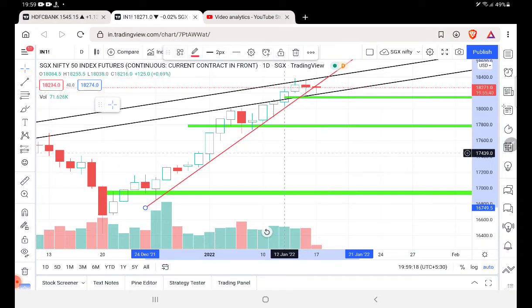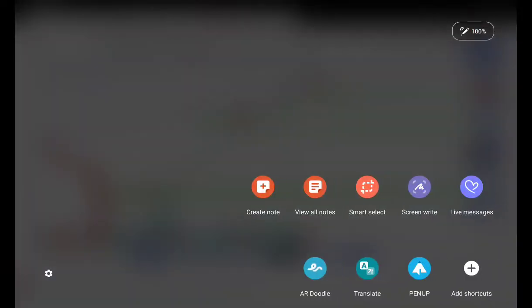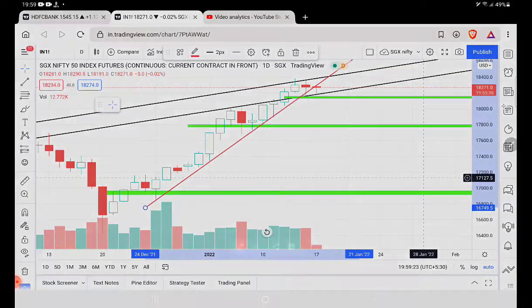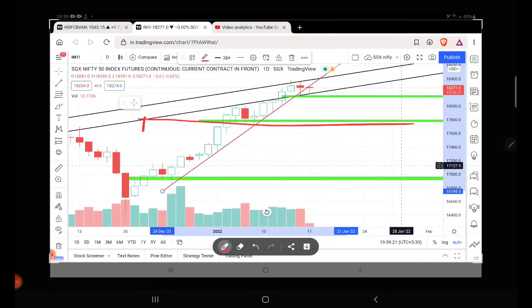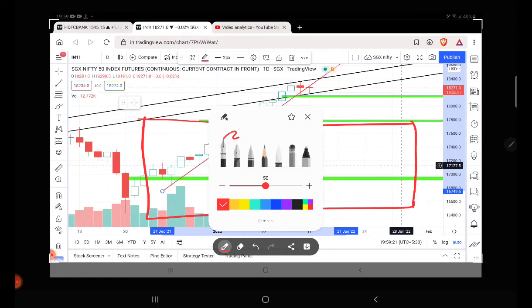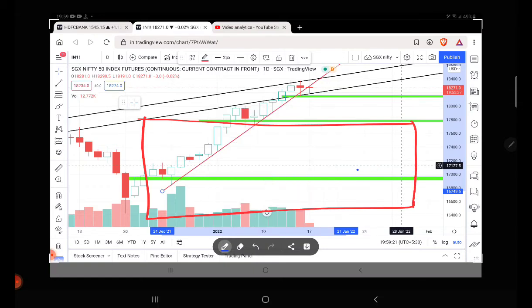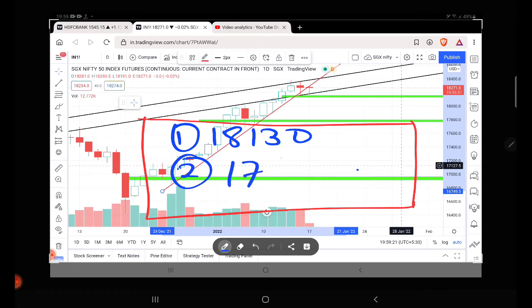So my targets in SGX Nifty, I will write it down. First target is 18,130. Second target is 17,830.